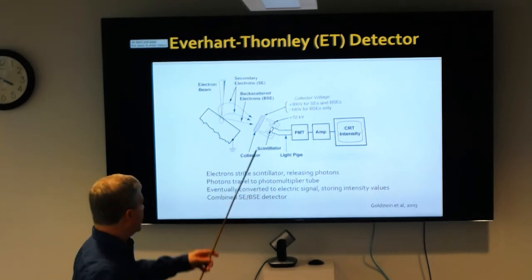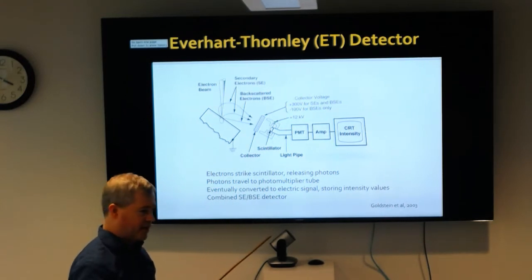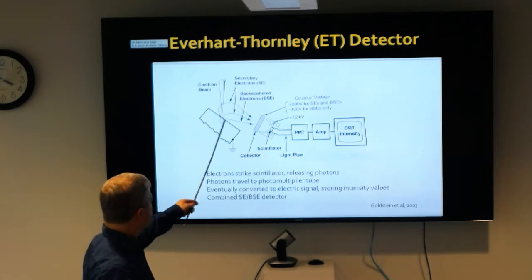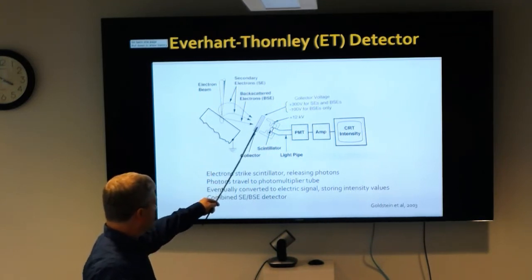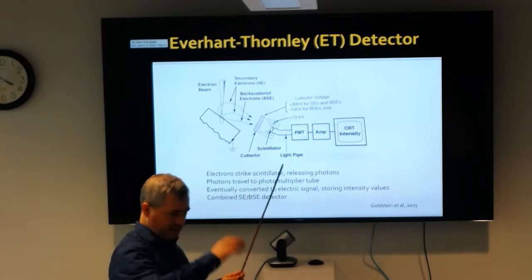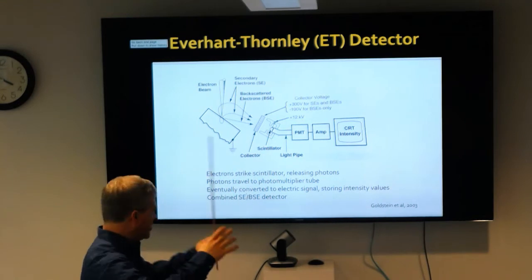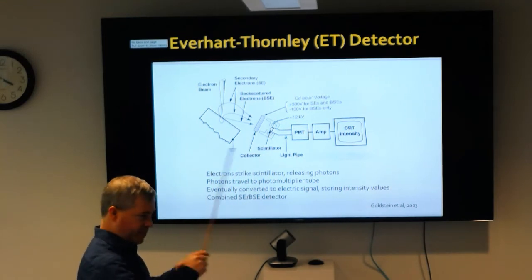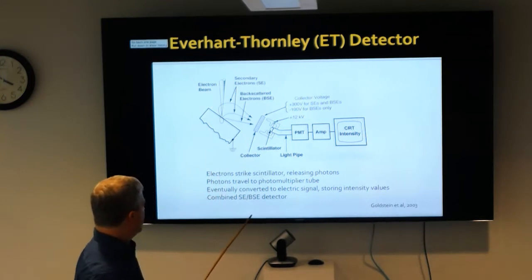So it's dwelling for a certain period of time on each pixel. This could be at the microsecond level, or even less. The beam is hitting it, collecting the signal, and collects all of that intensity for that pixel. So it's not coherent imaging. It's pixel by pixel imaging as the beam is scanning across the sample.